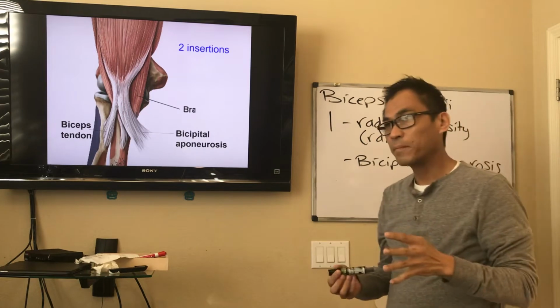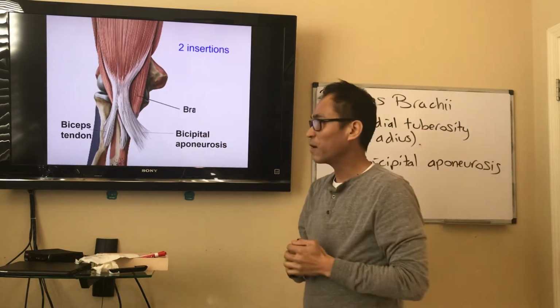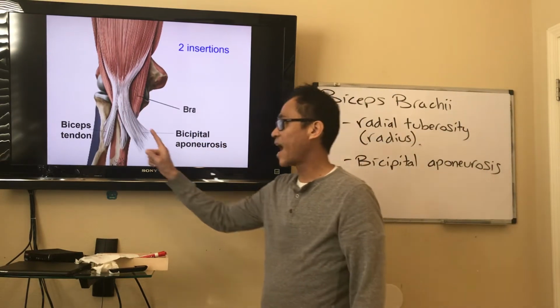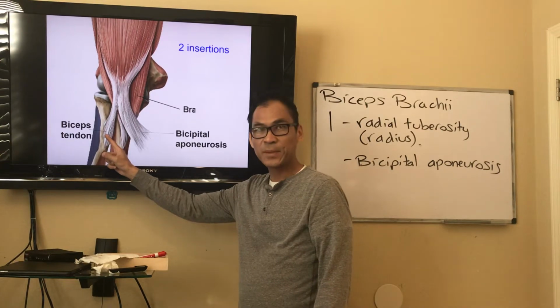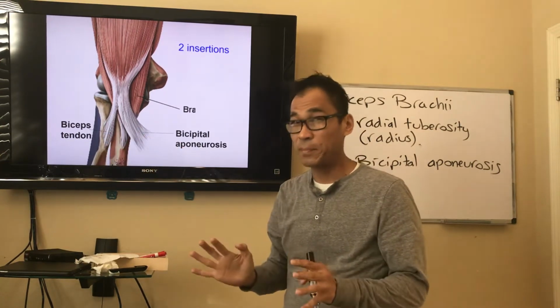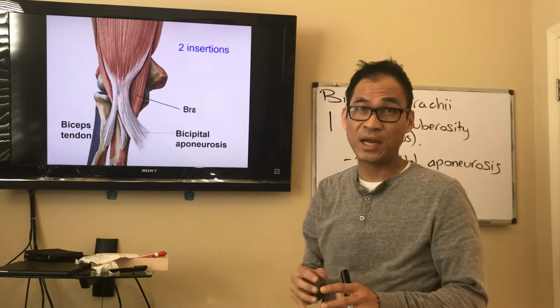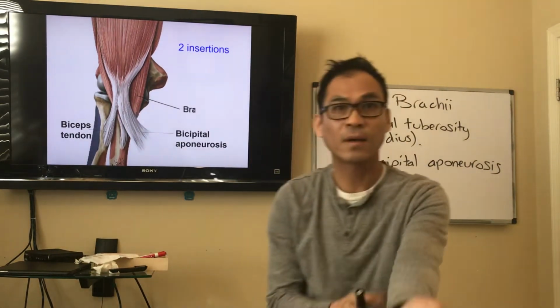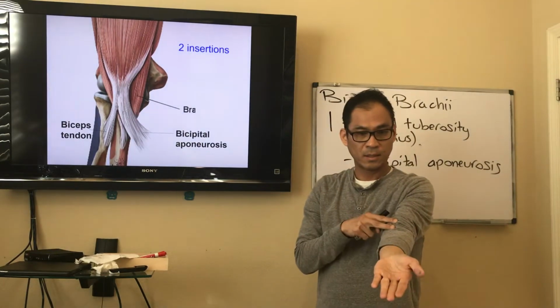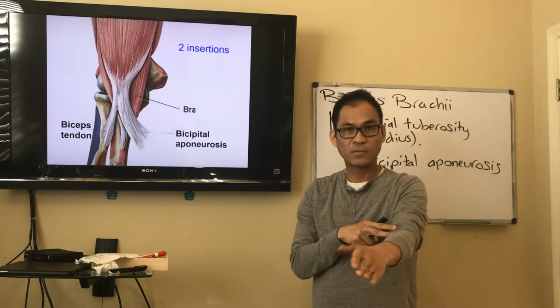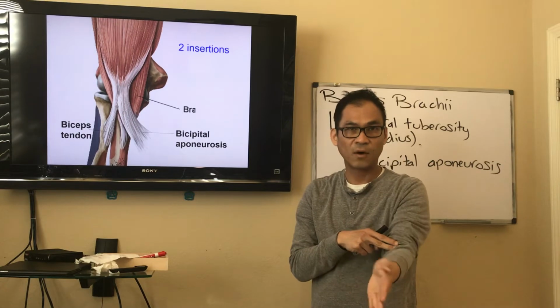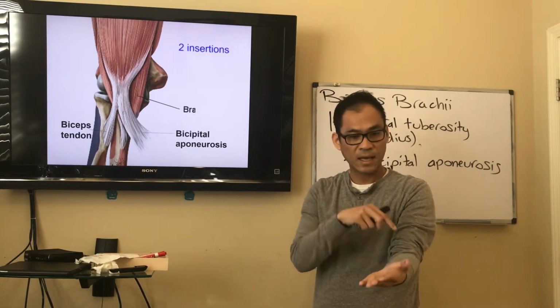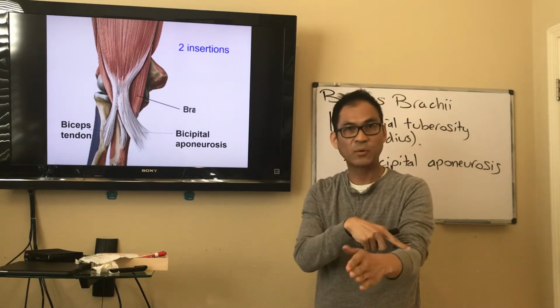So another rule in this area of the forearm: if a muscle has an attachment to the radius bone, it can affect pronation supination. Because remember, pronation supination, it's the radius bone that radiates and the ulna stays still. So muscles that attach to the radius can affect pronation supination.